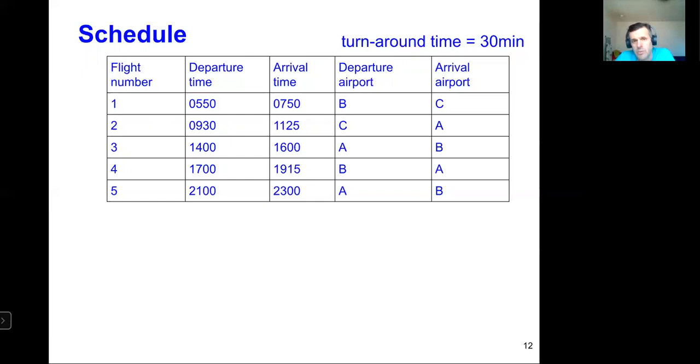So we will also assume that the turnaround time at every airport is the same, let's say 30 minutes in this example. So this is all we have to know as far as the schedule goes. The origin airport, the departure, the arrival airport, departure time, the arrival time, and the turnaround time.